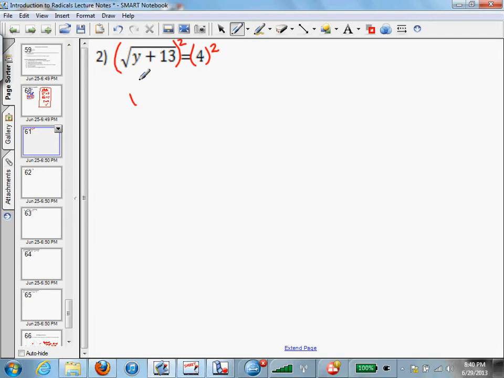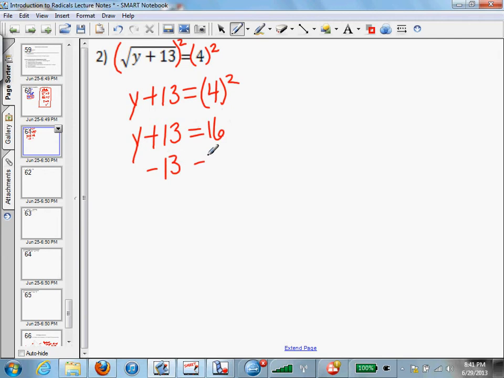On the left side, the square root of y plus 13, all squared, reduces to y plus 13 equals 4 squared, or just 16. Now to get y by itself, subtract 13 from both sides. So we're left with y equals 16 minus 13, or just 3.